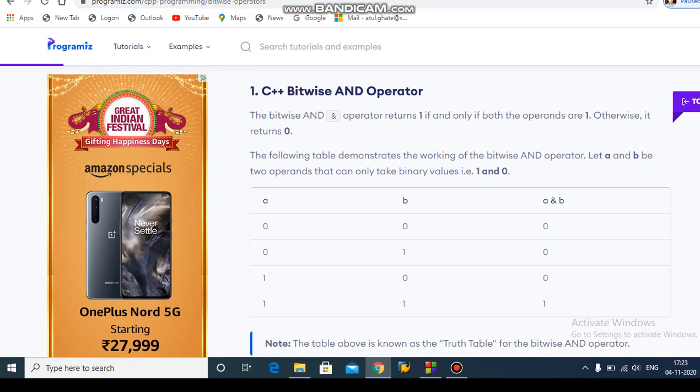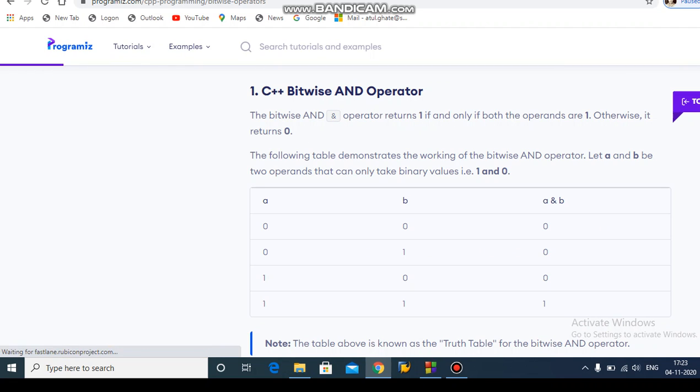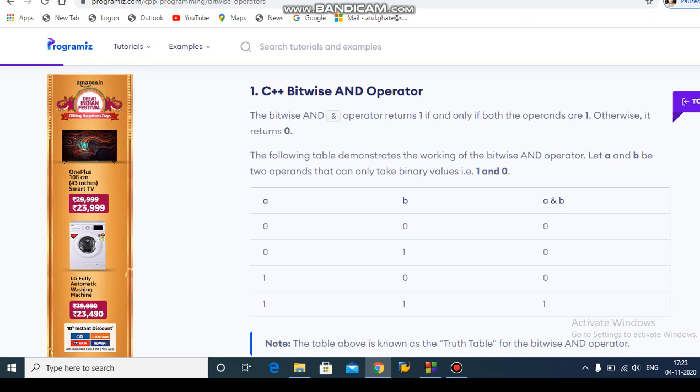So these are the four conditions which are applicable. For the first condition, please listen carefully: A equals 0 and B equals 0, then A bitwise AND B gives 0. If A equals 0 and B equals 1, the AND operator also gives 0.